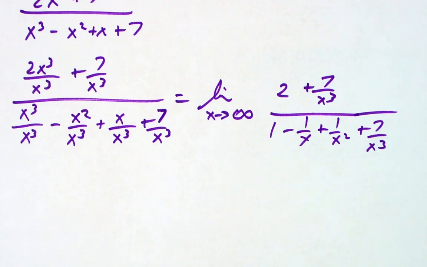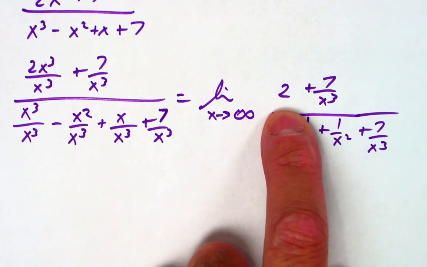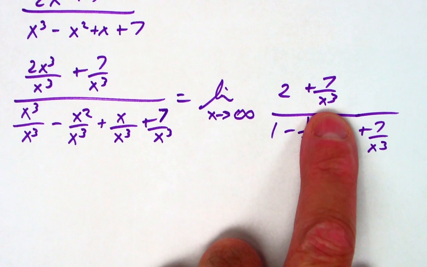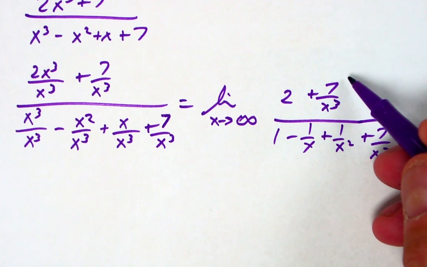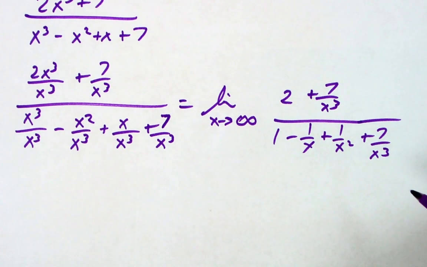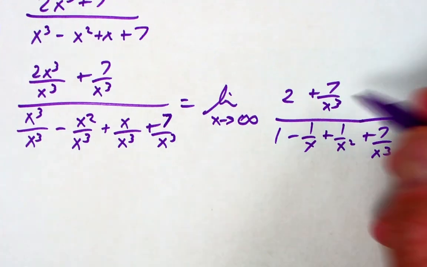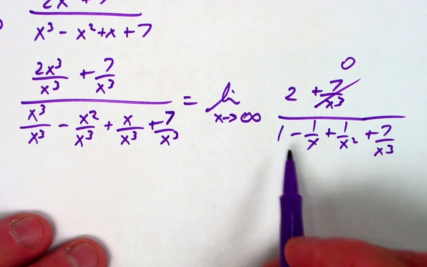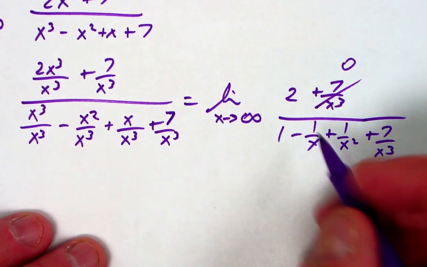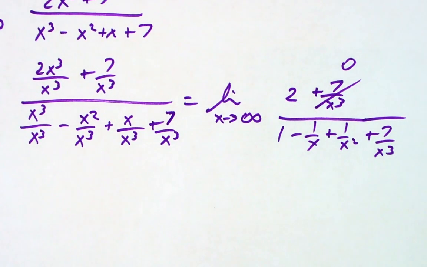This first term, 2, is always going to stay 2. What's going to happen to 7 over x to the third when I plug in huge numbers? That's going to get closer to what? No, not 1. 0, because I've got 7 over infinity cubed. That's 0. 1 is going to stay 1. 1 over x, what's that going to get closer to?